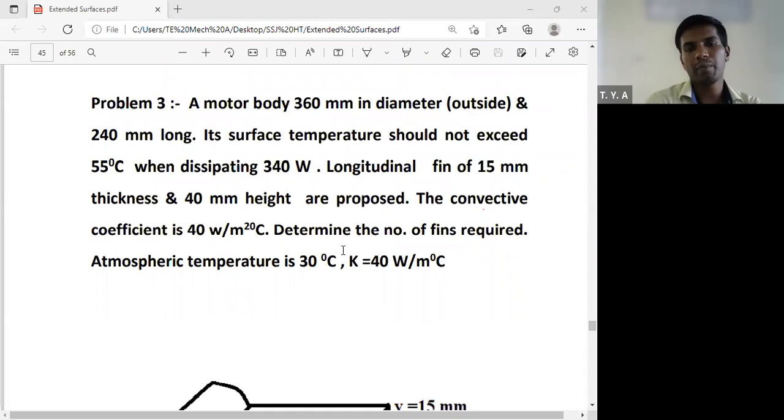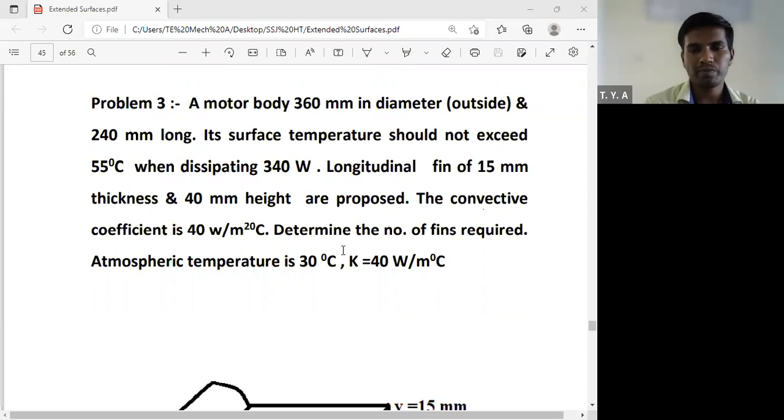Its surface temperature should not exceed 55 degrees Celsius when dissipating 340 watt. Full stop.